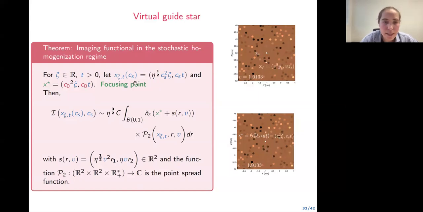So no matter which xs I take, when it has this form, x, xc, t, where xc is in R and t is positive, I choose my point xs like this so that I'm always focusing in the medium at the same point. So if you want, x star is the same thing as my x naught before, and I'm probing my function I at this xtt, so that I'm always looking around the same x star.